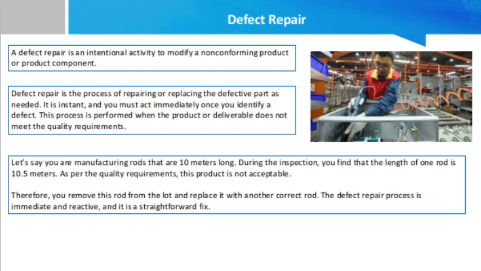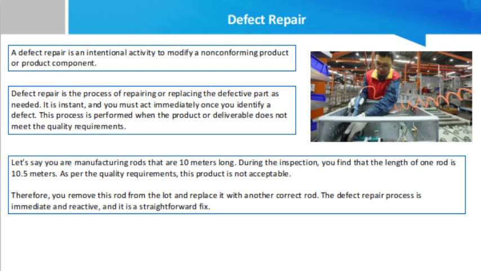Preventive action is an intentional activity that ensures the future performance of the project work is aligned with the project management plan. Preventive action improves the process to help avoid future defects. Defect repair corrects non-conformity in the deliverable or replaces the part completely.